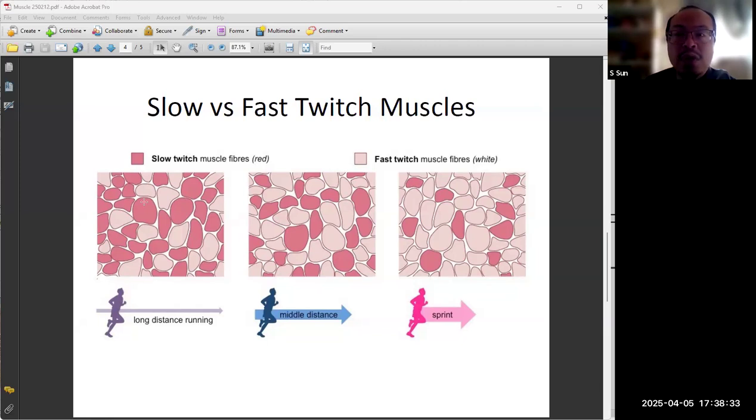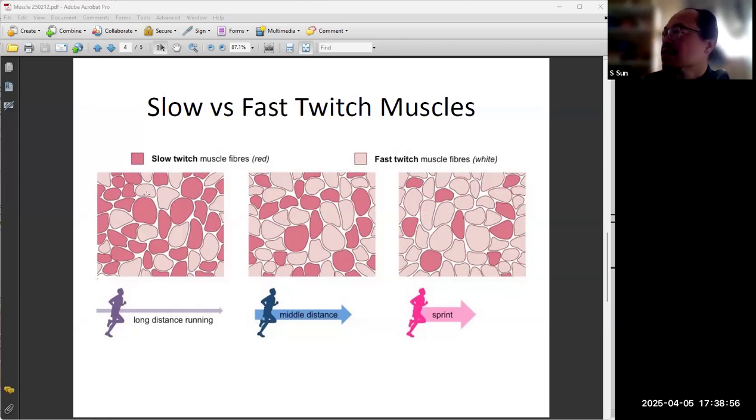It requires good circulation to provide prolonged energy. Even though it's slow, it's durable. It can generate force for a longer time because it has better blood circulation. So that's a difference.